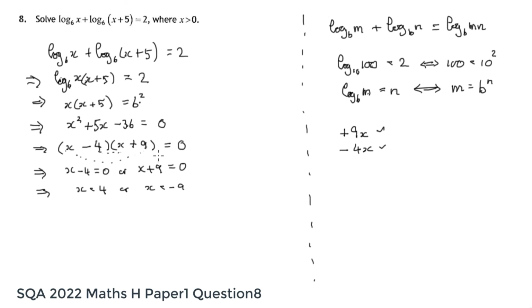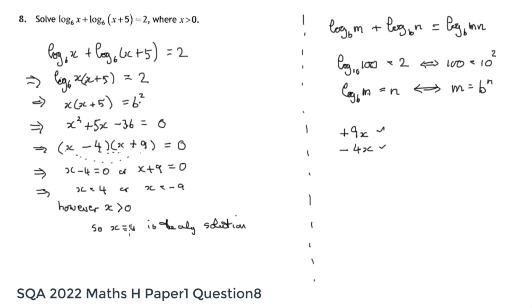Now, remember what we read out at the beginning. x has to be greater than 0. So we'd better state why we don't want this second solution. However, we're told x is greater than 0, so x equals 4 is the only solution.